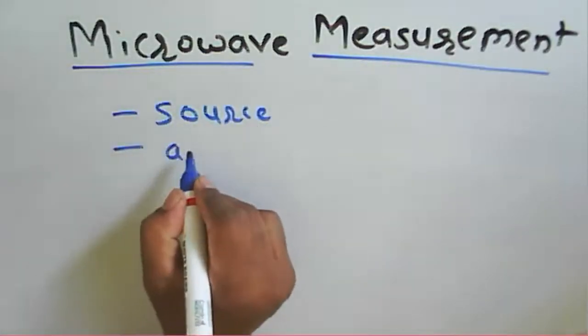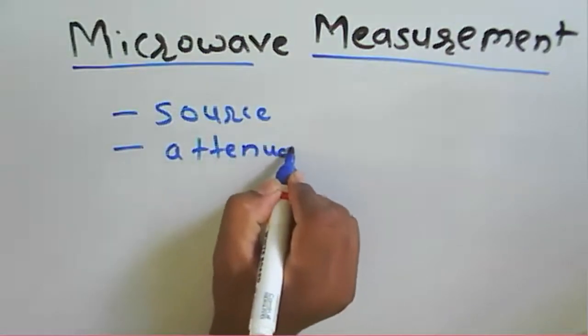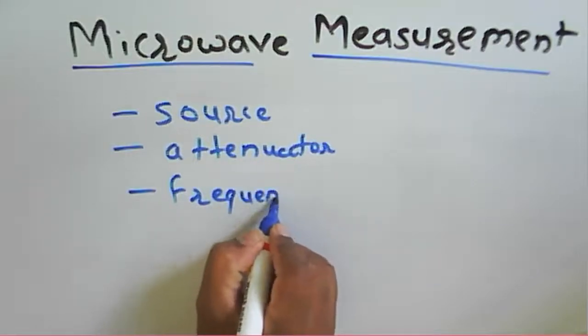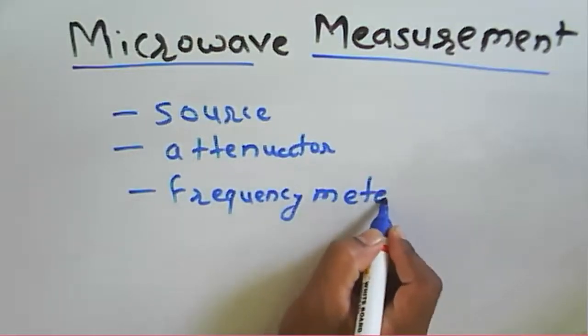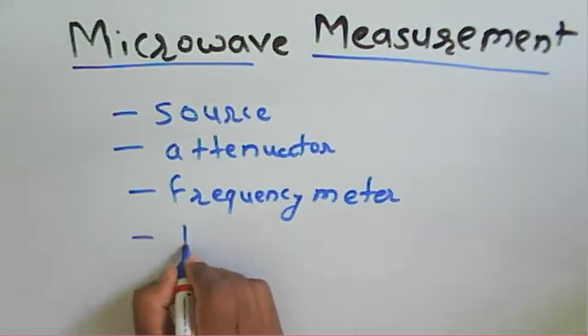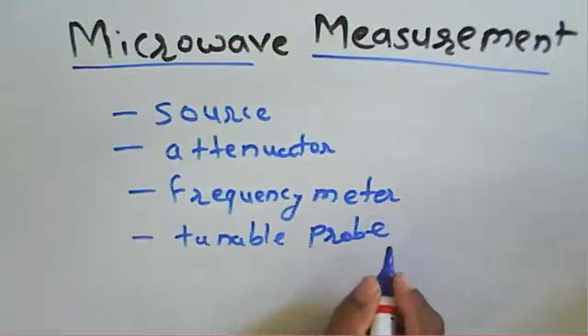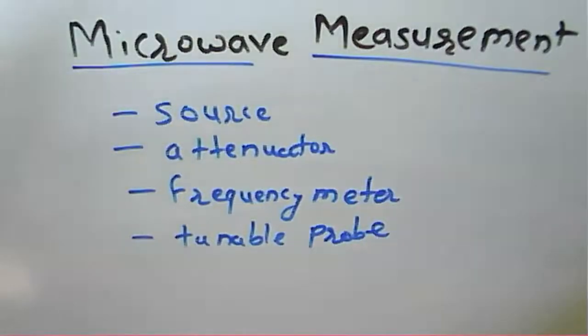Then an attenuator, then a frequency meter, then a tunable probe, and all these are the components of a microwave bench. These microwave bench components are used to measure the microwave parameters. Those parameters we have seen earlier: frequency, guide wavelength, standing wave ratio, impedance, power, and attenuation.